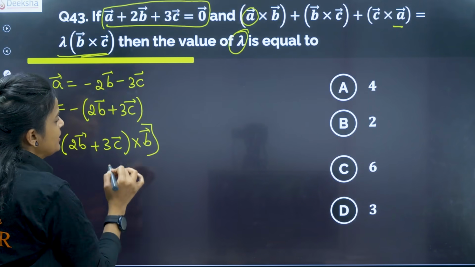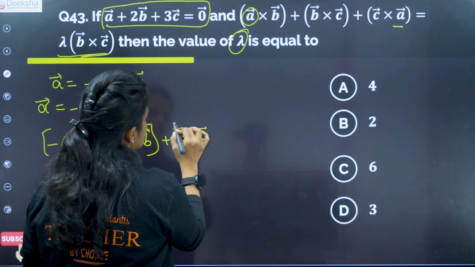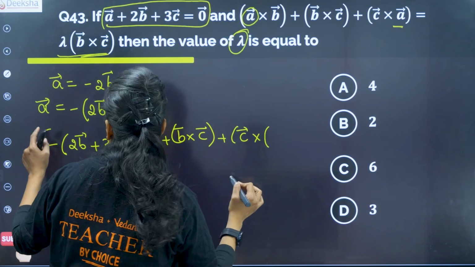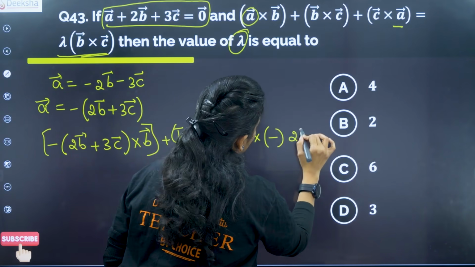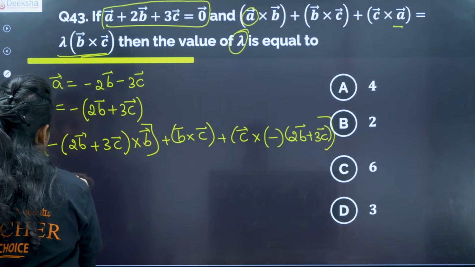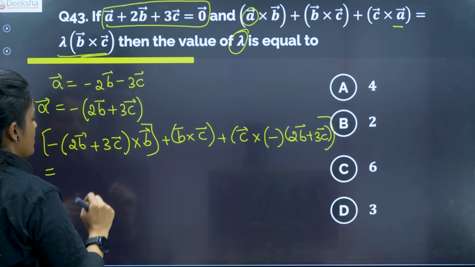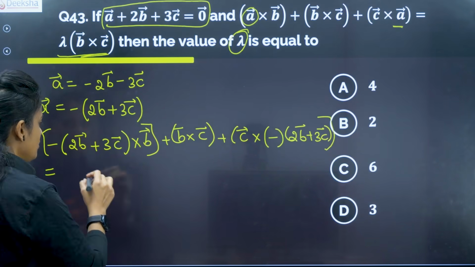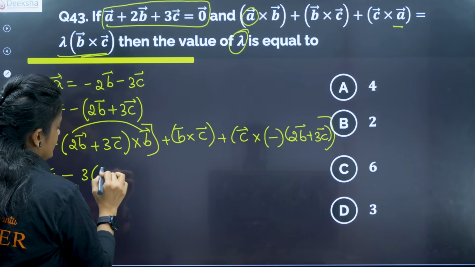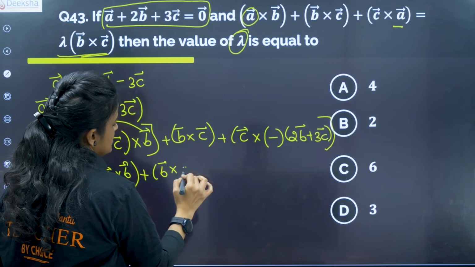Okay, it will take some time but it is moderate, not difficult, just do the multiplication carefully. C vector cross minus 2B plus 3C. So now we know vector multiplication. When like vectors are there, it cancels, right? It becomes 0. So B cross B will be 0. I don't have to write this one. So I'll write this minus 3 C cross B plus B cross C.